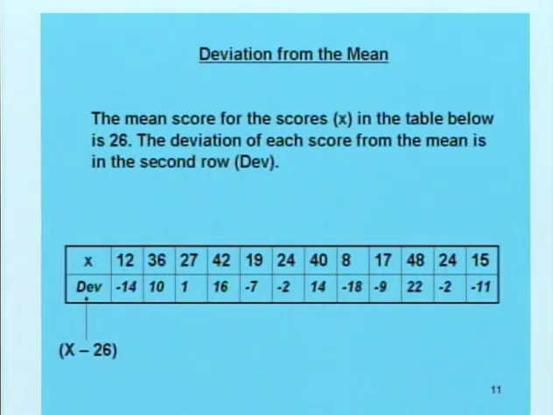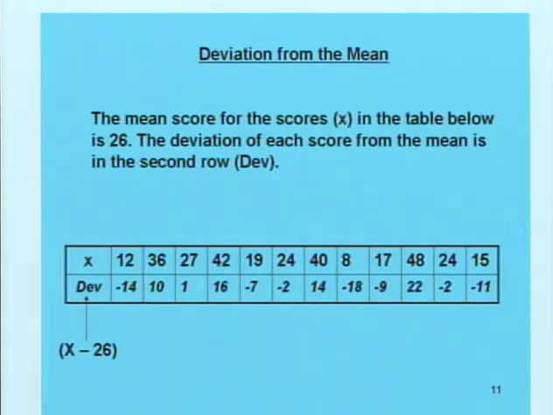Deviation from the mean. The mean score for the scores, we label the scores X in the table, is 26. The deviation of each score from the mean is in the second row, which we call deviation, DV.